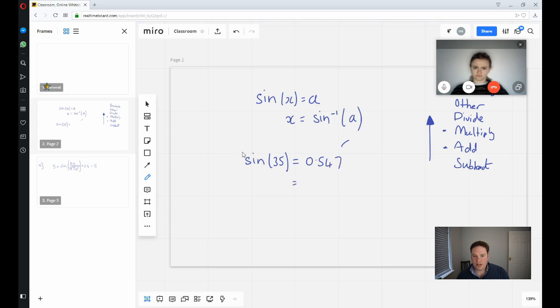So if we get rid of the sine off of this side, we have 35 equals sine to the -1. If I do that in the calculator, it should give me roughly 35. Which I'm going to do just to make sure.